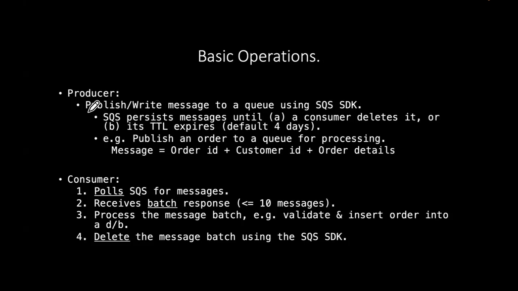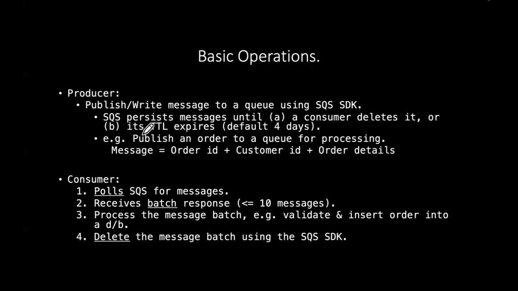So messages will persist in a queue until either A, a consumer explicitly requests the deletion of it, or B, the message's TTL has expired. What do we mean by a message? A message could be anything, typically a JSON structure, but it can be anything in terms of its meaning.